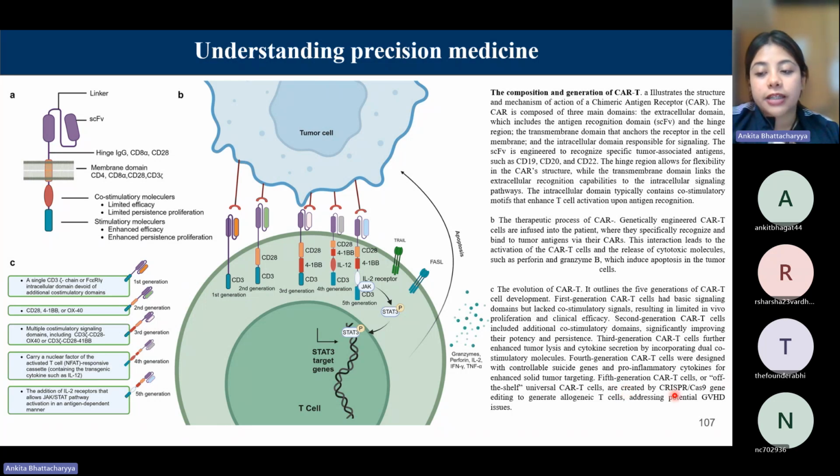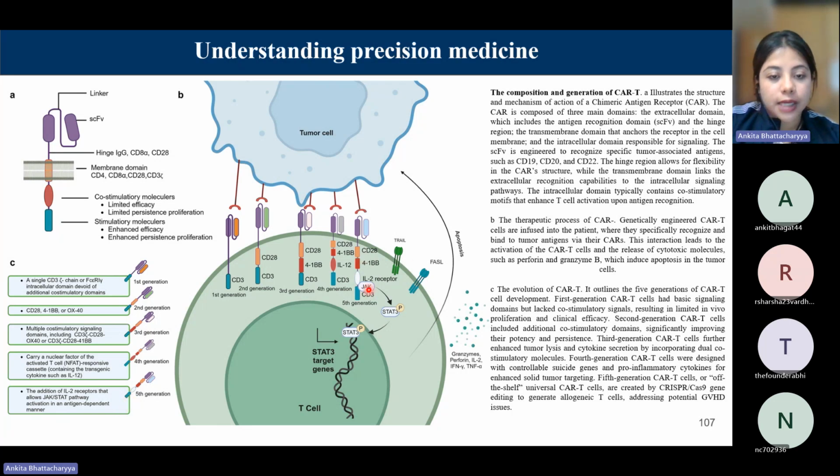These have been created by CRISPR-Cas9 gene editing to generate allogeneic T cells, addressing potential graft versus host disease issues. Additionally, they have also incorporated the JAK-STAT signaling pathway.